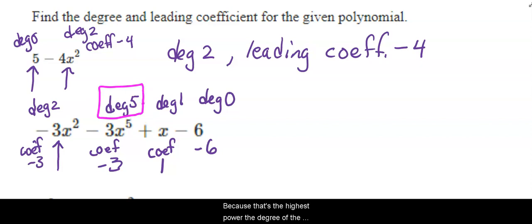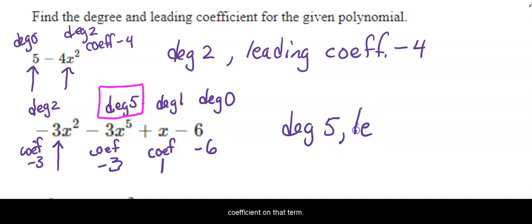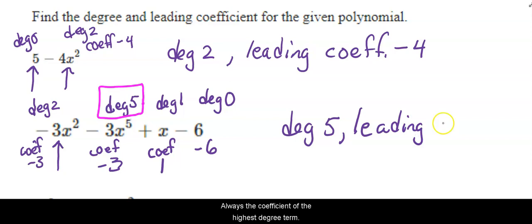Because that's the highest power, the degree of the entire polynomial is 5, and the leading coefficient will be the coefficient on that term. So the leading coefficient is not necessarily at the front, it's always the coefficient of the highest degree term. So our leading coefficient is negative 3.